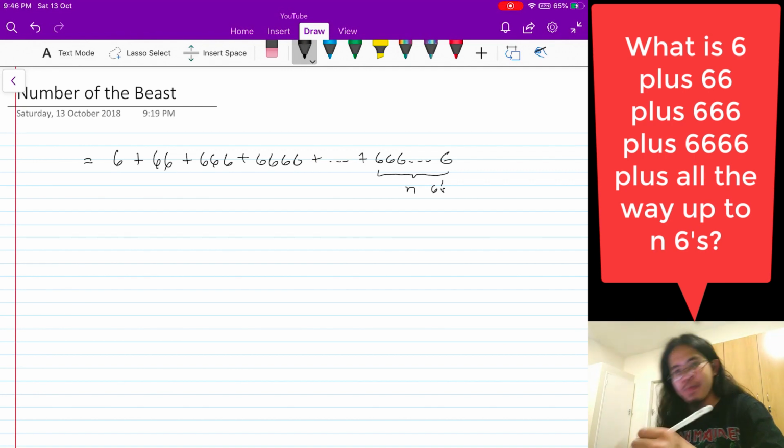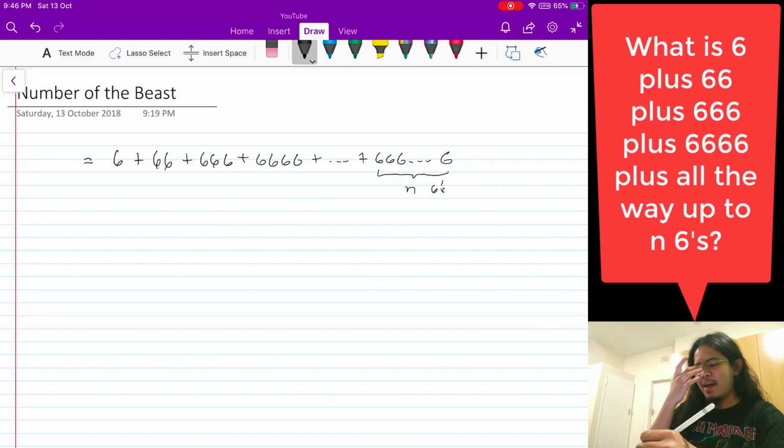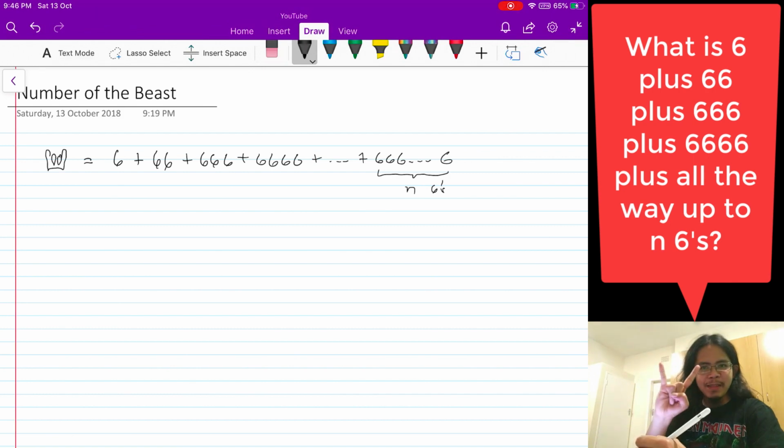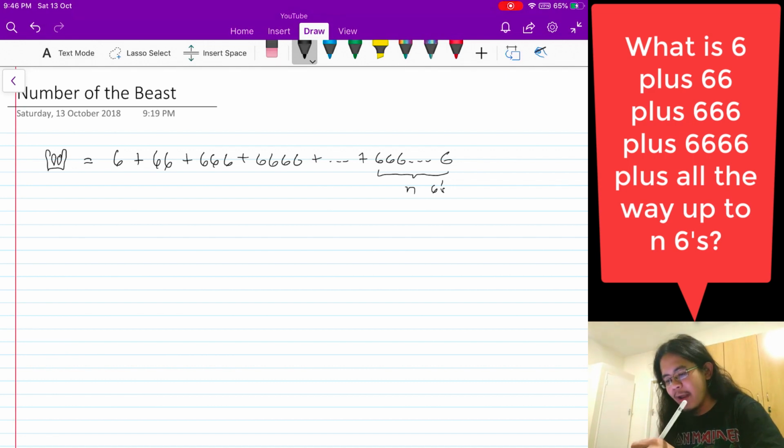Since the number 666 is very prevalent in metal, let's use the heavy metal symbol to represent the sum of 6 plus 66 all the way up to n sixes, and put a subscript n to indicate that there are n sixes.